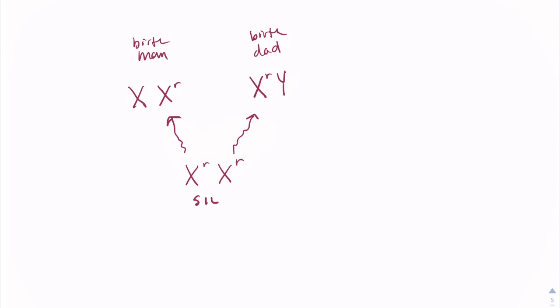Okay. Now, this is my mother-in-law up here. So we know that my father-in-law had red-green color blindness. And we know that my mother-in-law had to have at least been a carrier. Now, we don't know what that other allele is. When my mother-in-law was alive, she would have insisted that she was not red-green colorblind.